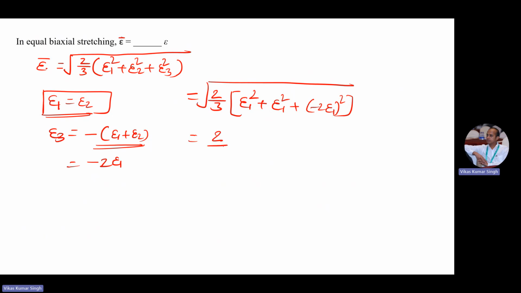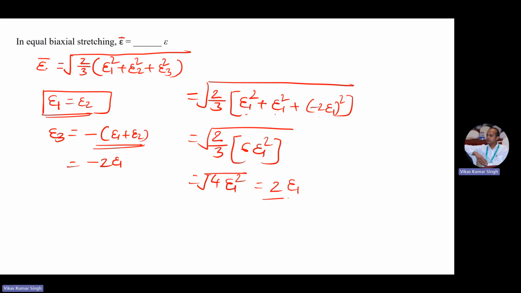So this is going to be 2/3 times 6 epsilon 1 square, which is 4 epsilon 1 square under the root. So this is going to be 2 into epsilon 1. So this is the effective strain. Now we have solved this.